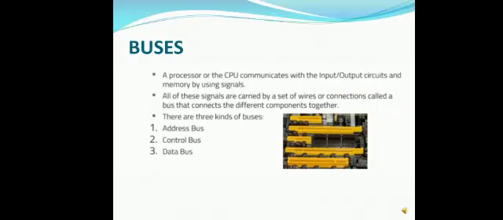Then we have the buses. The CPU communicates with the input-output circuits and the memory by using signals. These signals are carried by a set of wires called a bus. There are three kinds of buses: address bus, control bus and data bus.